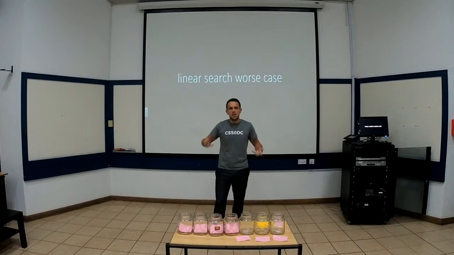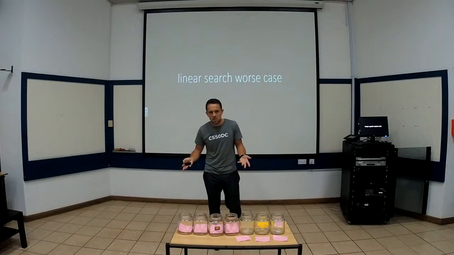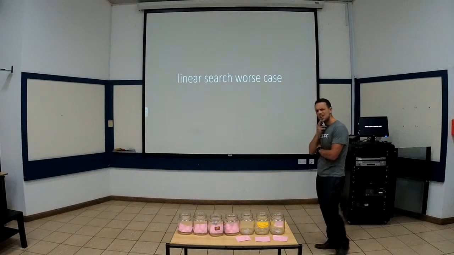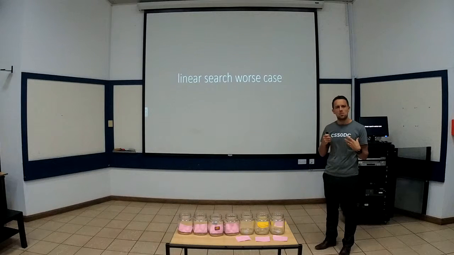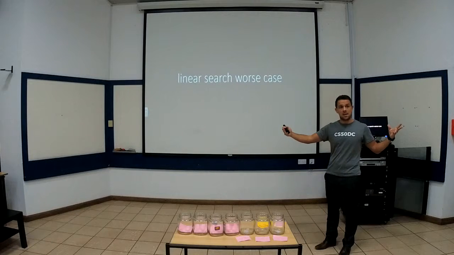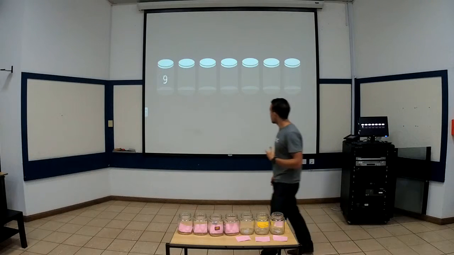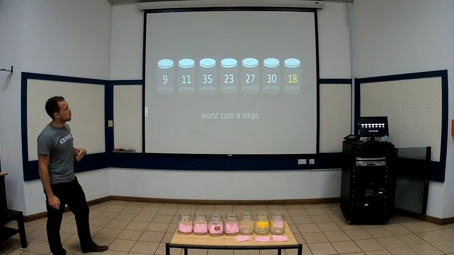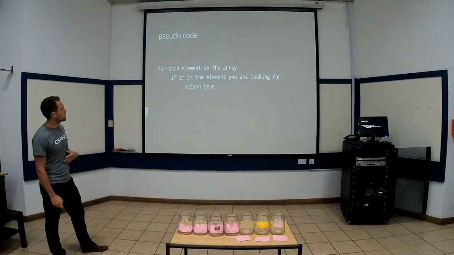Then it's going to take 1,000,000 steps. What if there's 2,000,000 jars? Again, a linear search works, but it's not necessarily going to be as efficient as we want, especially when working with large amounts of data. So the concept is that we go through one by one, and the worst case scenario would be that it would be at the end, thus it would be 8 steps.